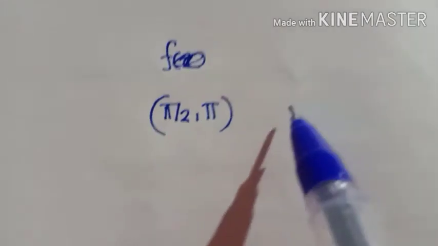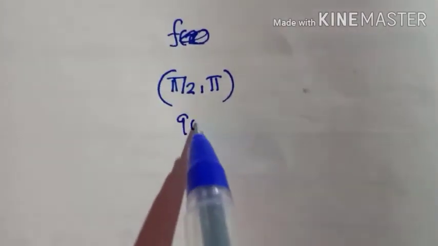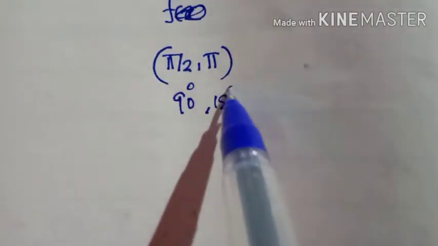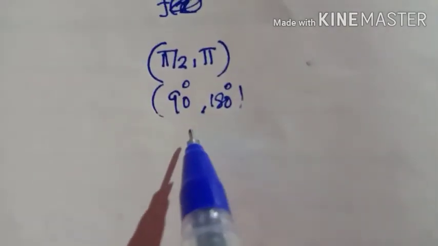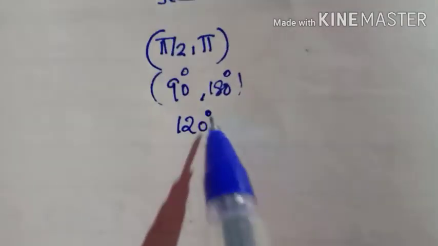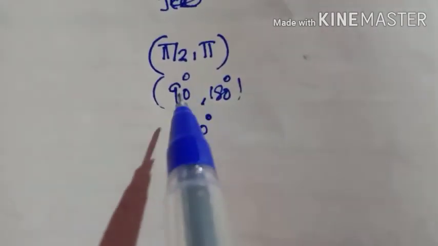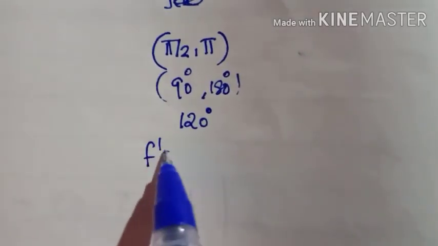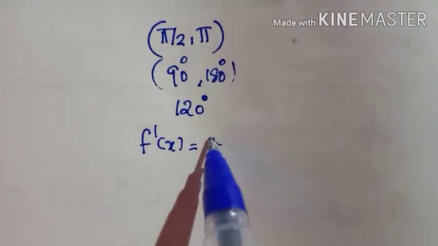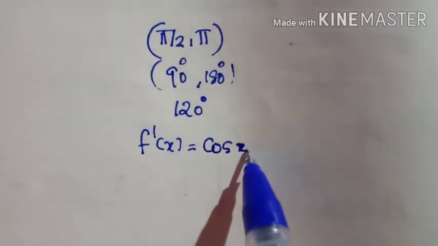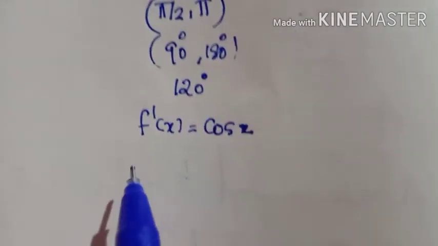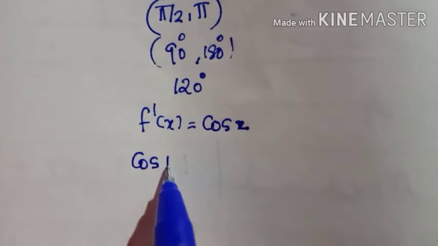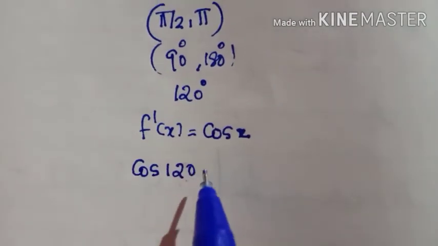Now listen, the second interval pi by 2 to pi. Pi by 2 to pi means 90 degrees to 180 degrees. Let us take the angle 120 degrees. Clearly 120 degrees lies between 90 and 180. What is our f dash of x? F dash of x equal to cos x. Now what is the value of cos 120?